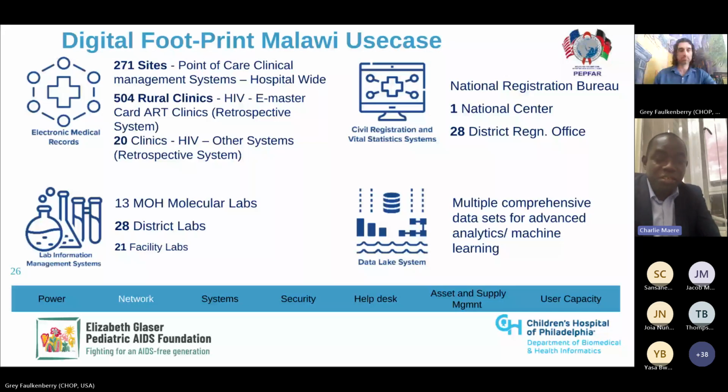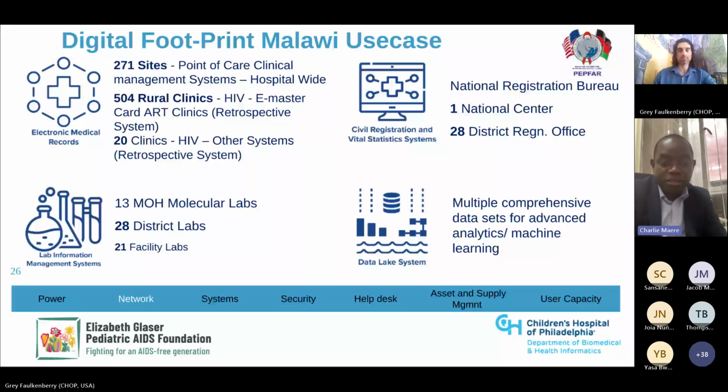Over 70% of the clients reside in the 271 sites, which are fully automated. We also managed to bring in lab systems across all labs in Malawi, including molecular labs, district labs, referral labs, and other bigger facility labs to which samples are referred. So there's 100% automation in Malawi for all the lab systems.